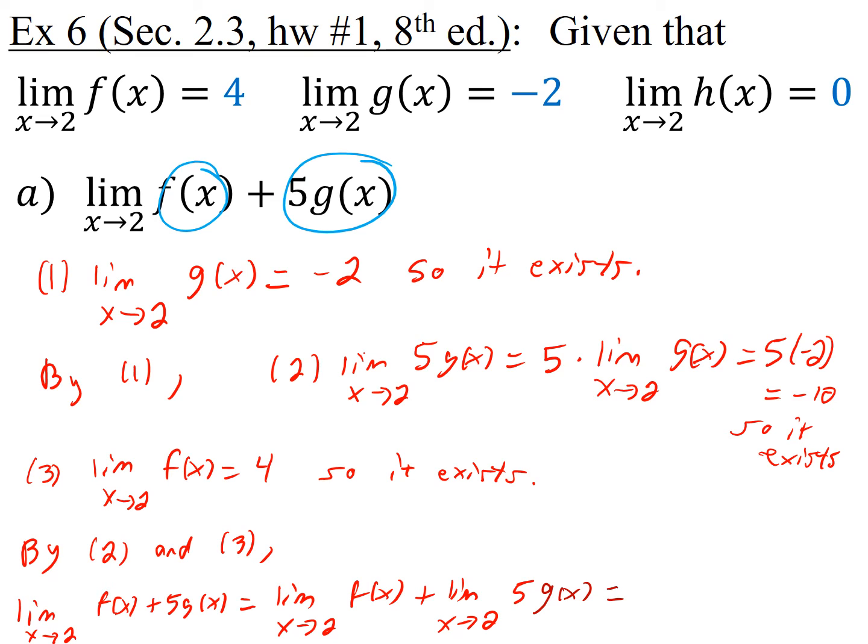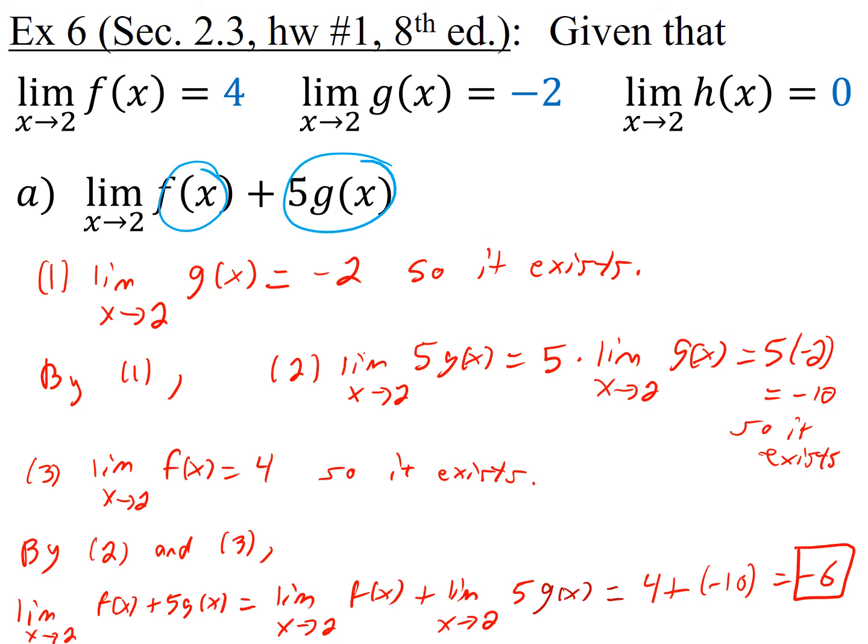And so let's see, the limit of f is 4, and the limit of 5g is negative 10. So the answer is negative 6 to that one. Negative 6. Yeah, so that's how that one goes.